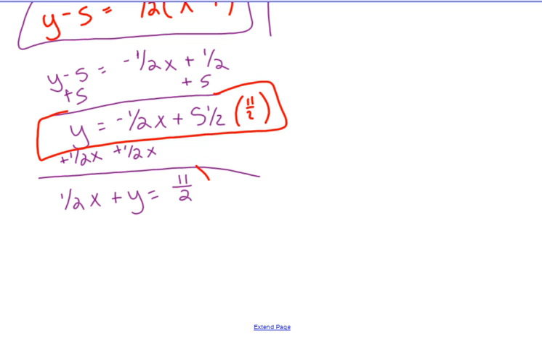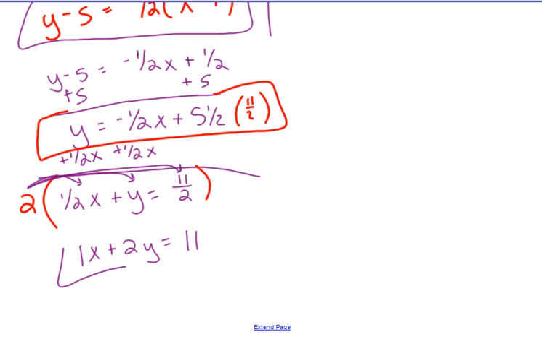That rule would be that I have fractions. So I would multiply by the common denominator, which is 2. Distribute that 2 to all three parts. So I have 1x plus 2y equals 11. 2 times 11 halves is 11. There's my answer in standard form. So there's one problem, all three forms written out.